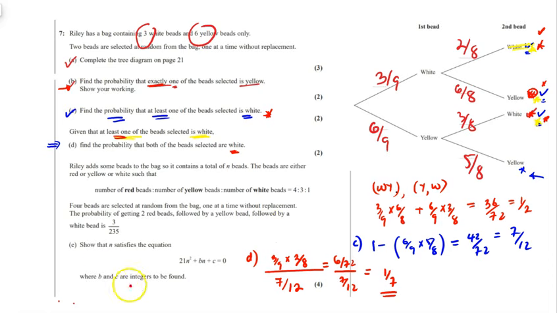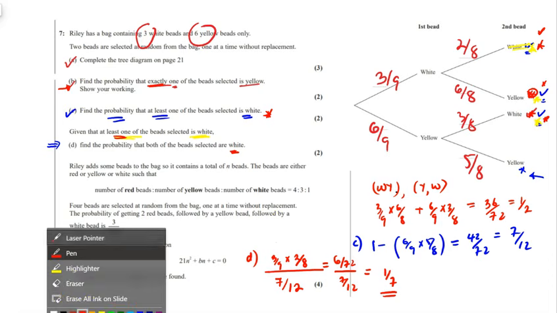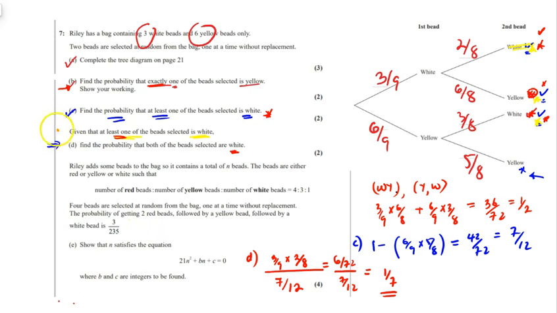All right, you have to be careful here. Because they said given that this has happened, this is your sample space. That sample space is white white, white yellow, and yellow white, and the probability of this happening we already know is 7 over 12.